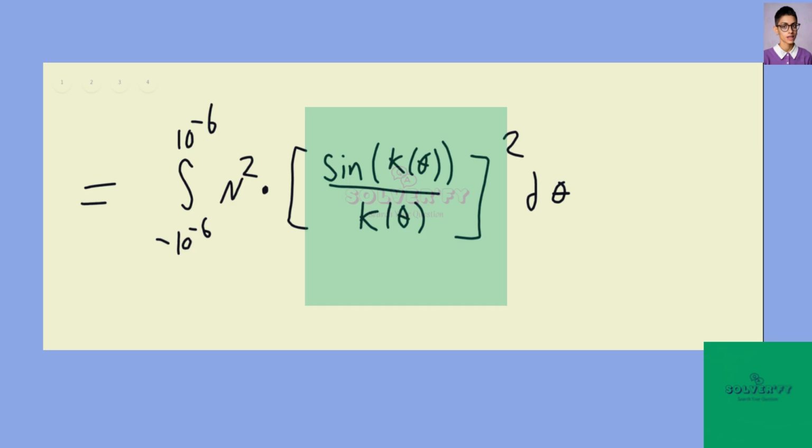And we know how to calculate k of theta because we have known values. So let's call this whole function I of theta, now that we know what we're subbing into.